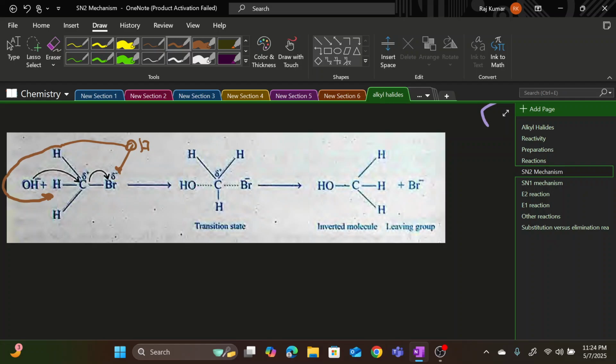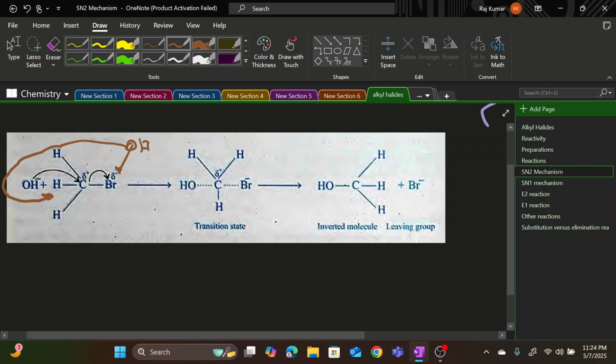So the reaction is a single step reaction, but for the sake of easiness, we are going to divide it into a few steps.